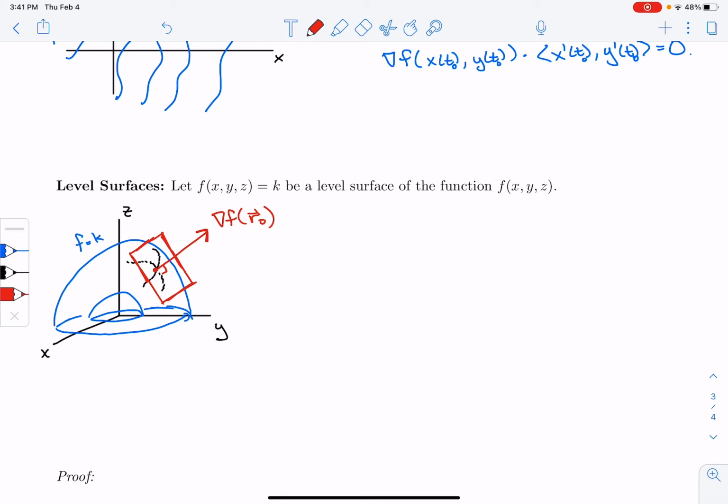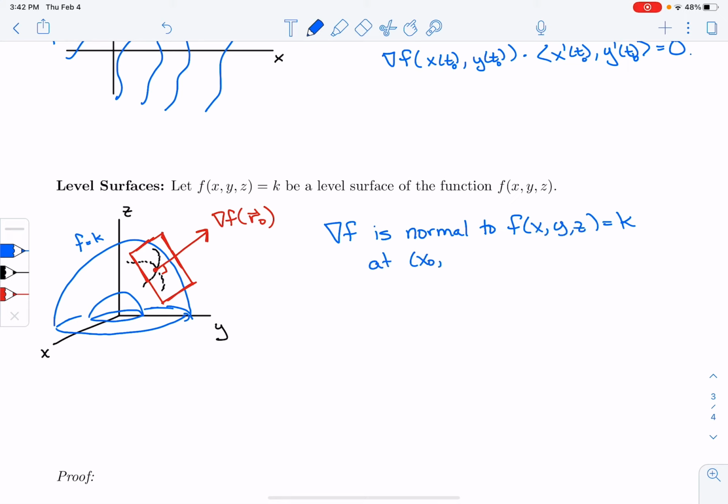So what we're learning here for this level surface is that the gradient of f is perpendicular to the surface. So we say that it's normal to the surface, f of, let's say, x0, y0, z0 equals k. Actually, I'm going to write it as f of x, y, z equals k at x0, y0, z0. So that means it's perpendicular to that tangent plane.